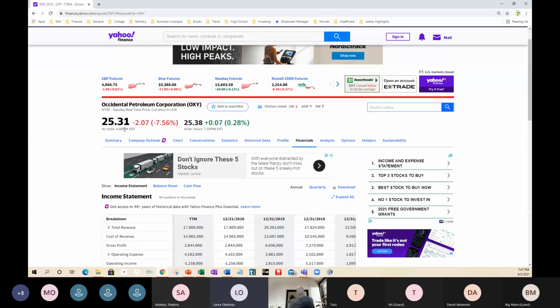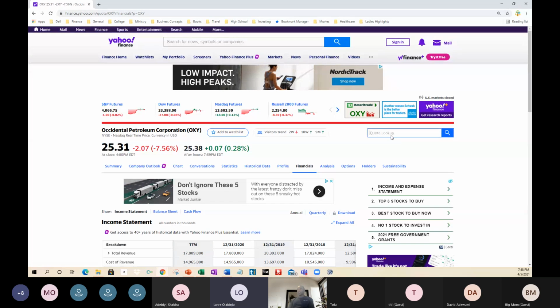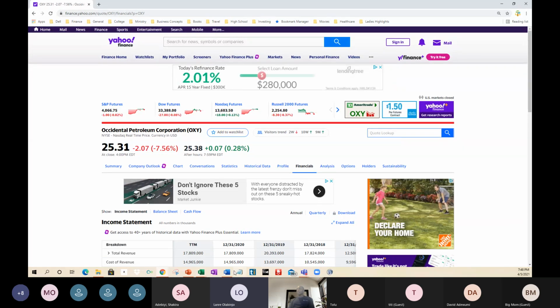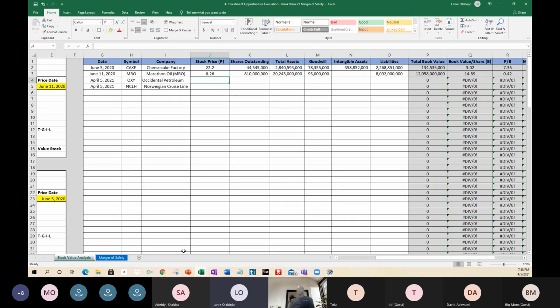Market closes at 4 p.m. Eastern, 3 p.m. Central. At the close of market today, the price of the stock was $25.31 per share. So you just put that number on that table. Next week, I'm going to ask somebody to show us your calculation for Norwegian Cruise Line, since I won't do it for you. Okay, so we have that.